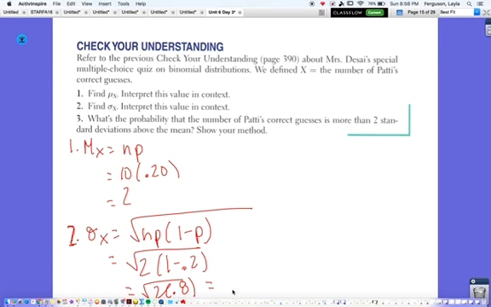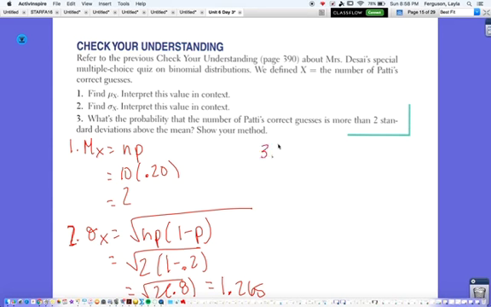If we work that out, we get 1.265. So we would expect individual students' scores to vary from the mean of 2 answers by an average of 1.265 correct answers.